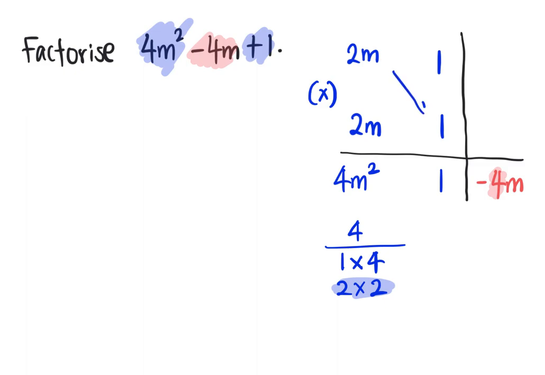Now, if I were to expand them out, 2m times 1 will give me 2m. 2m times 1 will also give me 2m. And when I add them up, they give me 4, but it's positive. And at this time, we should consider the negative.